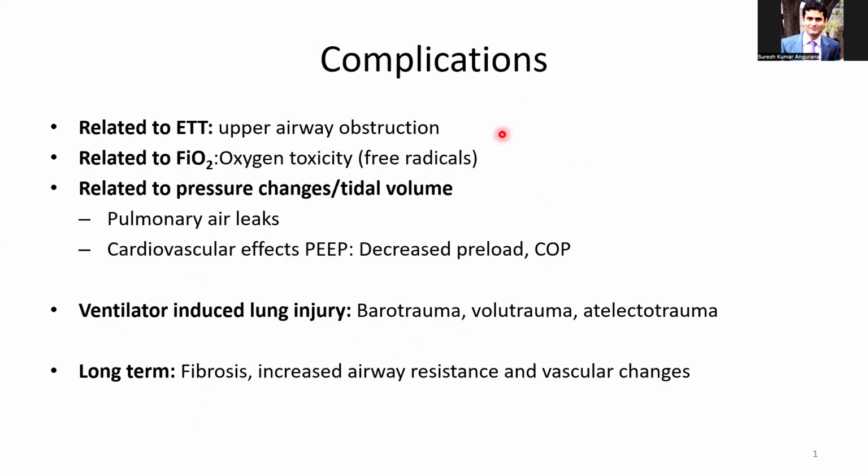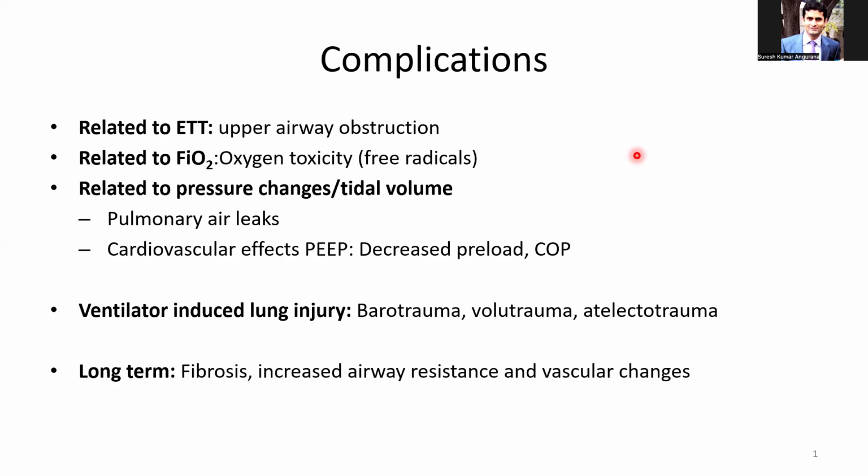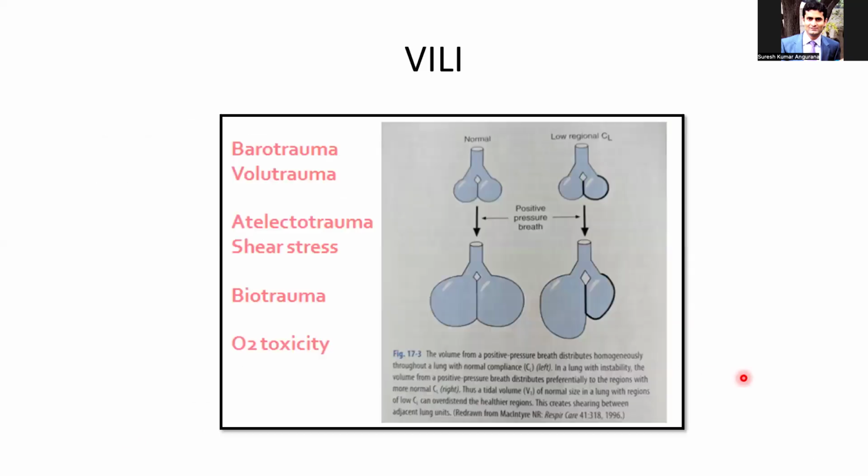There may be several complications in a child who is on a ventilator. There may be tube related complications, and complications related to FiO2, pressure or tidal volume. There may be lung injury due to barotrauma, volutrauma, or atelectotrauma. There may be long-term complications like fibrosis, increased airway resistance and vascular changes.